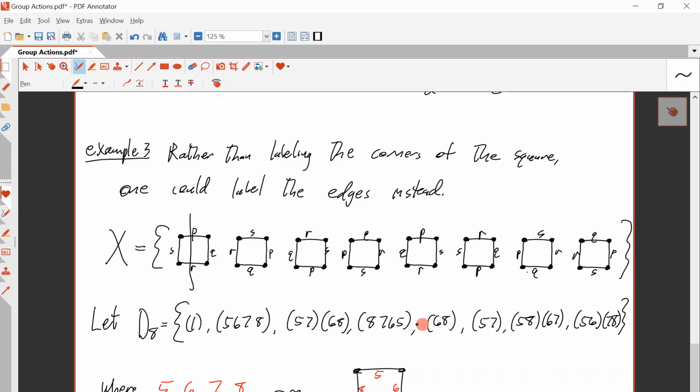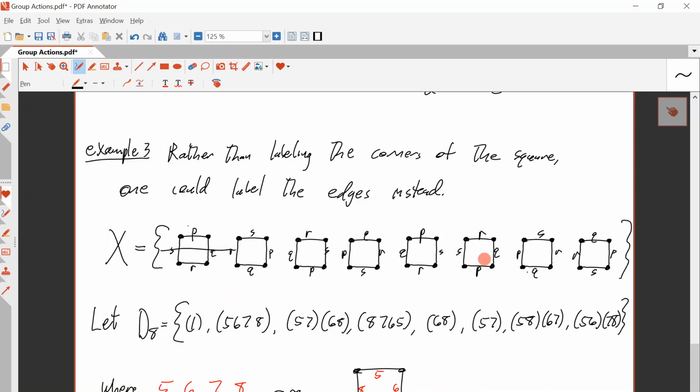With the edge labels, reflection around this horizontal line is 2 cycles. Switch these 2 vertices, that's a 2 cycle, and then transpose these 2 vertices, that's a 2 cycle. Here I got 2 fixed points, 2 fixed labels, and then 2 swapped labels. So it's just 6 goes to 8. So the same geometry gave us a different type of permutation.